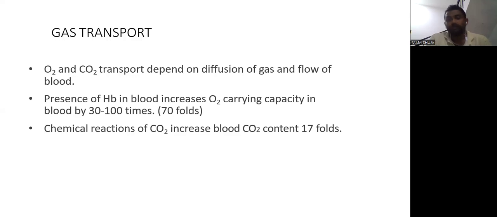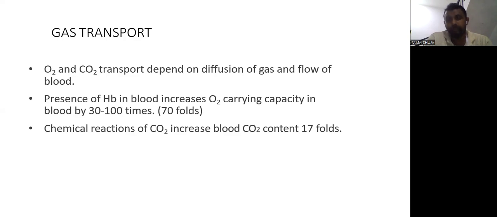Oxygen and carbon dioxide transport depend on diffusion of gas and flow of the blood. The gases have to diffuse, and the diffused gas has to be carried from the pulmonary circulation. They say the presence of hemoglobin in blood increases oxygen carrying capacity by 70 fold.